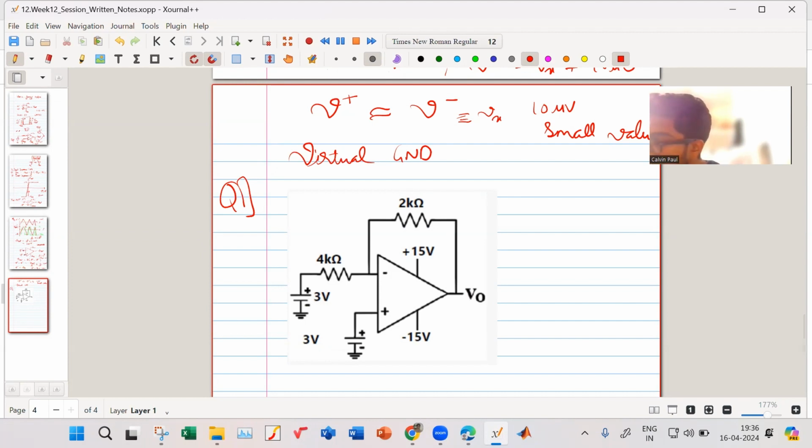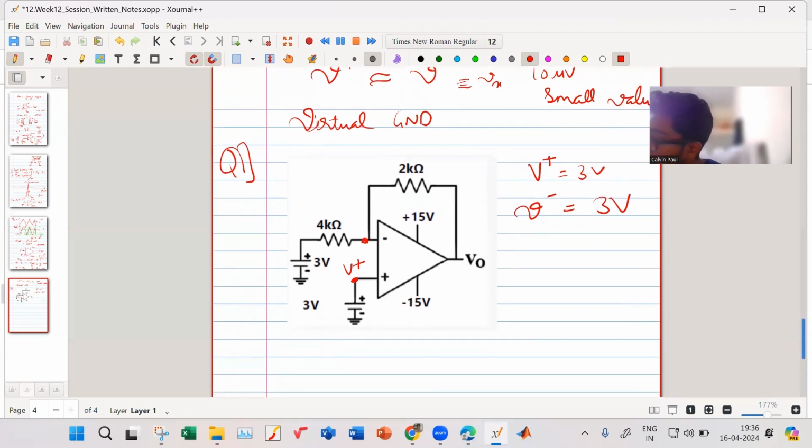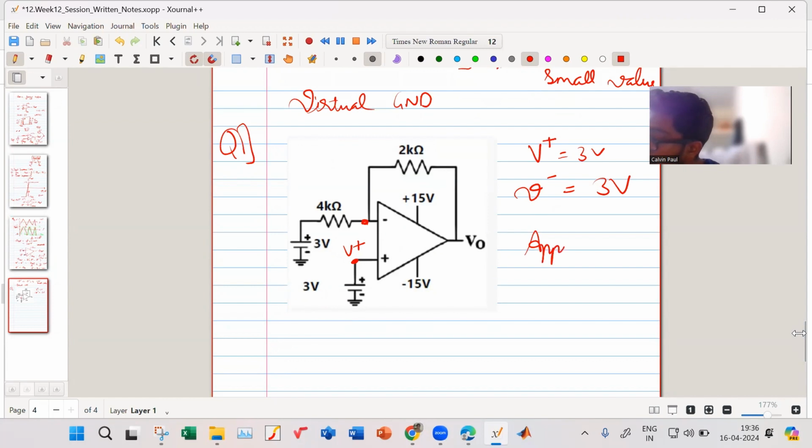Here the node voltage is 3 volts, so your V plus is 3 volt. That is given. What does that mean? This voltage over here, that is V minus, will also be equal to 3 volt. Now let us apply KCL.